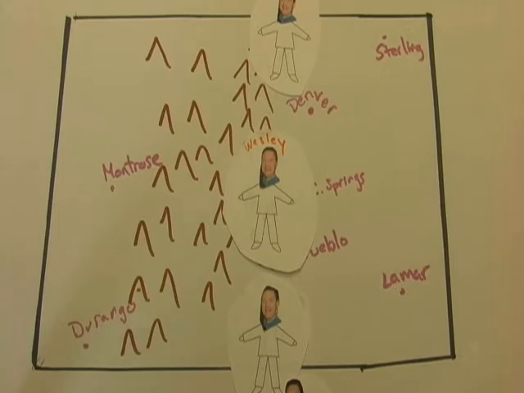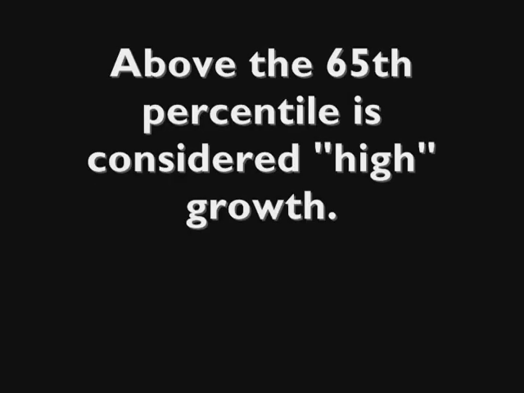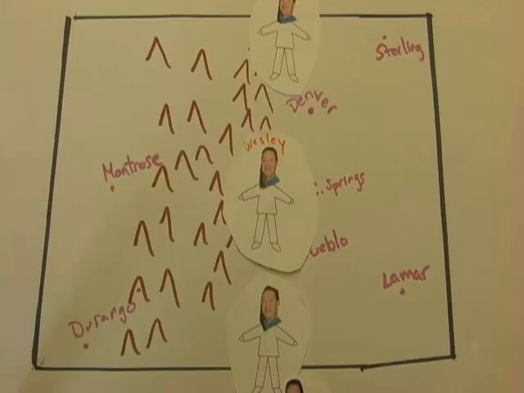Any student above the 65th percentile is considered to have high growth. And any student below the 35th percentile is considered to have low growth.